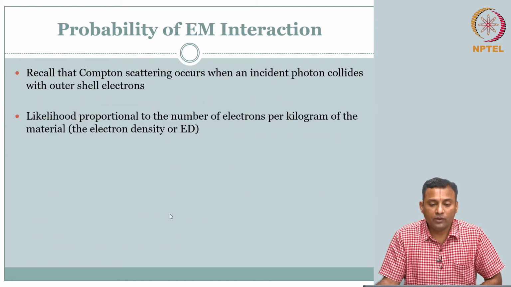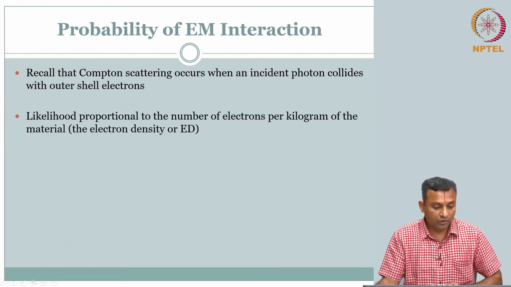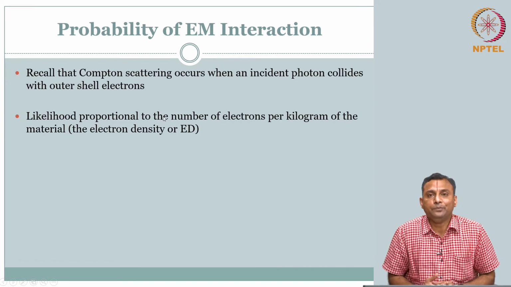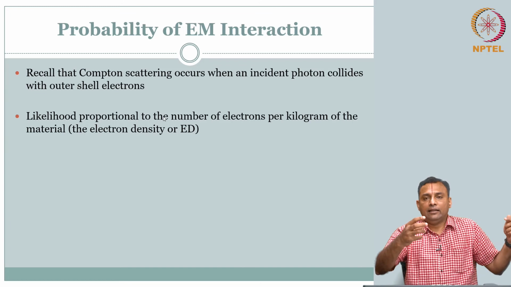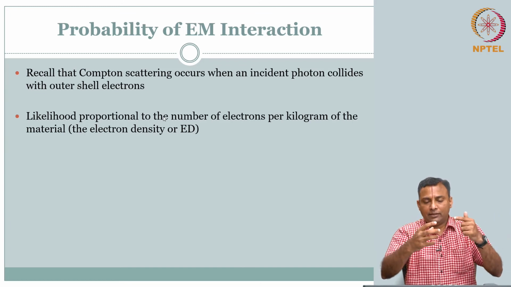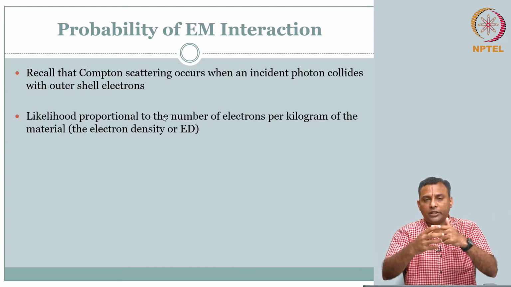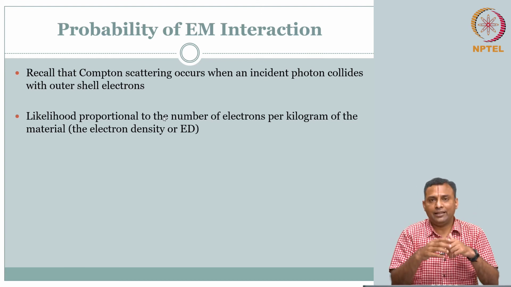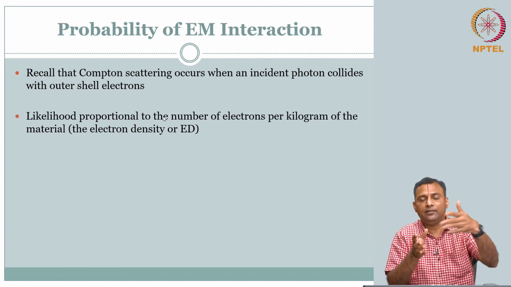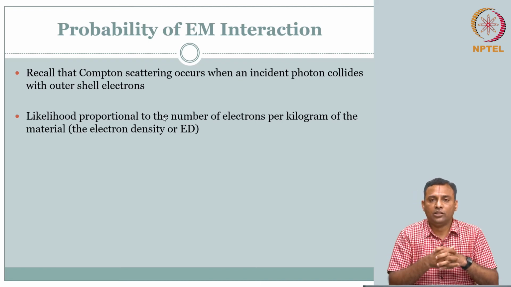So then what about the probability of your Compton scattering? Okay, what we know is Compton scattering, when the energy comes in, it interacts with the outer shell, knocks the outer shell electron, reduces the energy and goes in another direction. So when can you maximize that?